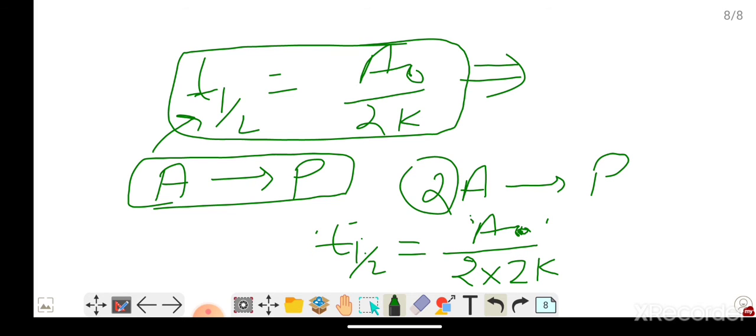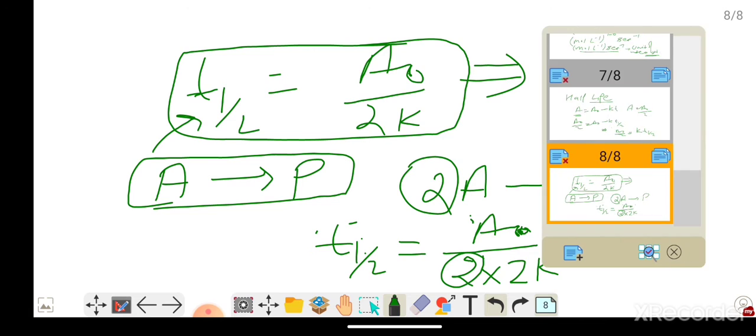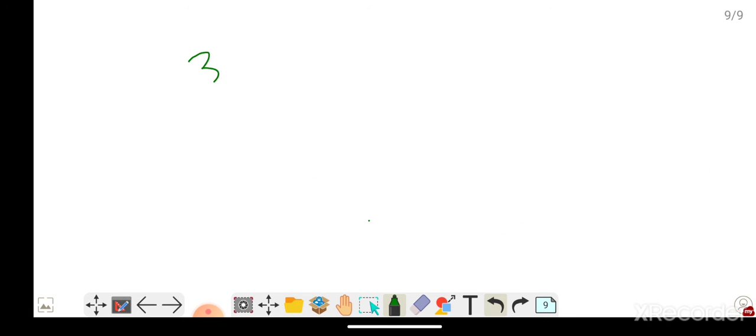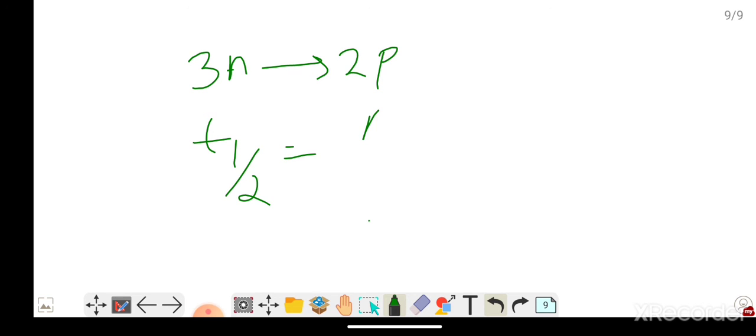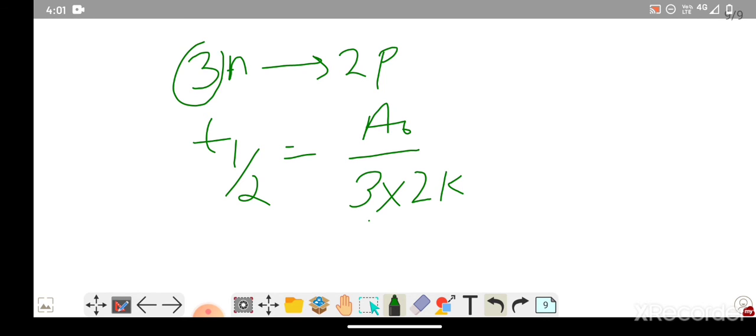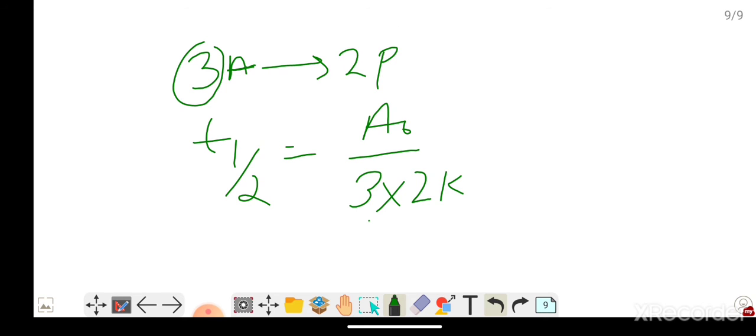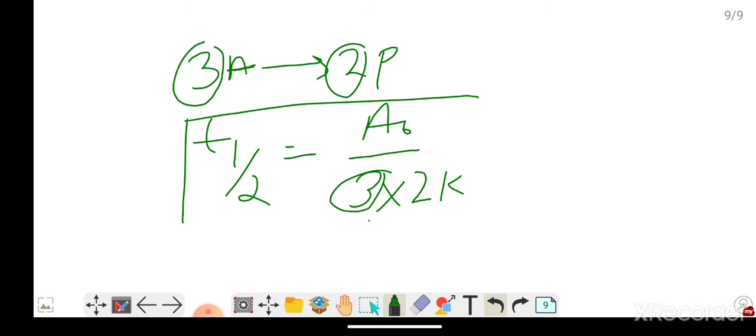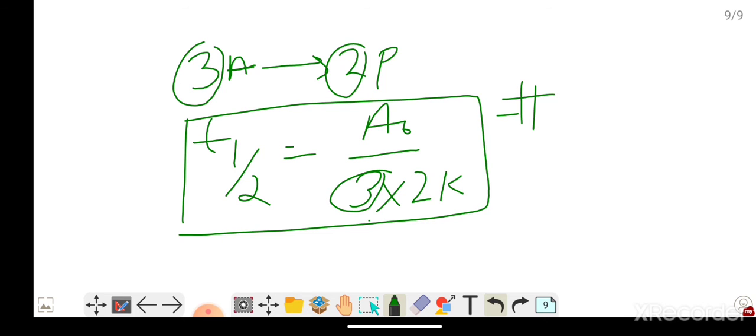This 2 multiplies here. Now if this is the reaction, then t half-life is equal to A naught, the initial concentration of A, by 3 into 2K. This 3 comes here. This is the half-life.